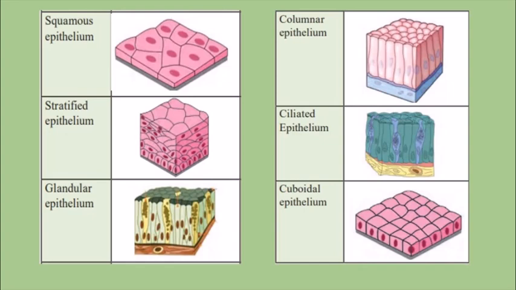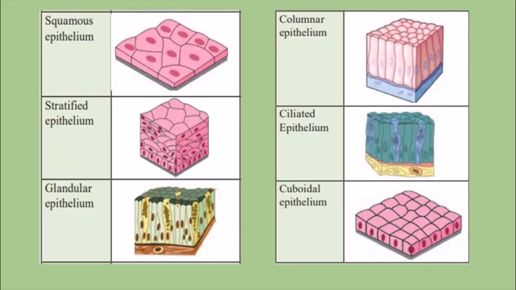The structure of the glandular epithelium is like vesicles which are packed with secretory materials. In the picture you can see those brown structures which are packed with secretory material. These are present in the inner layer of the cell and that is why it is called glandular epithelium. This is for the secretion of sweat or oil or mucus in our body.